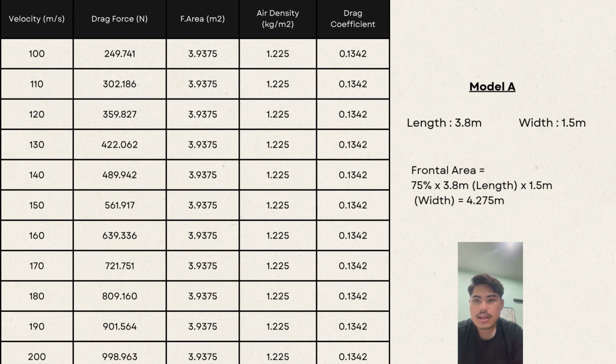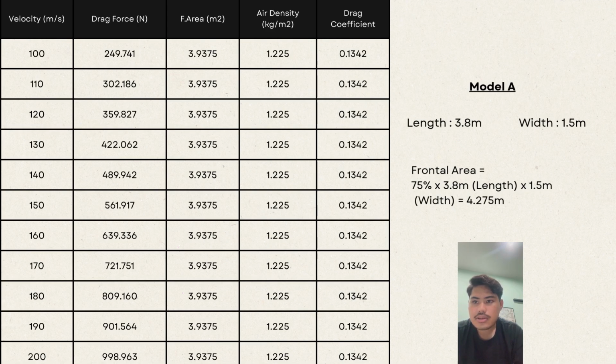Fourthly, air density, the value is the same like frontal area from 100 until 200. Fifth, drag coefficient, the value is the same like air density and frontal area, based on velocity.